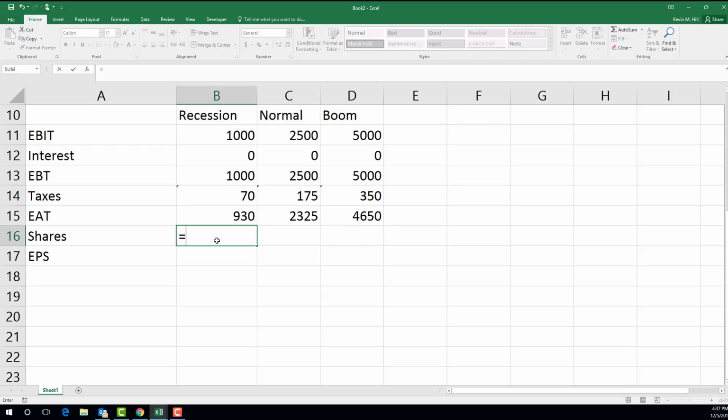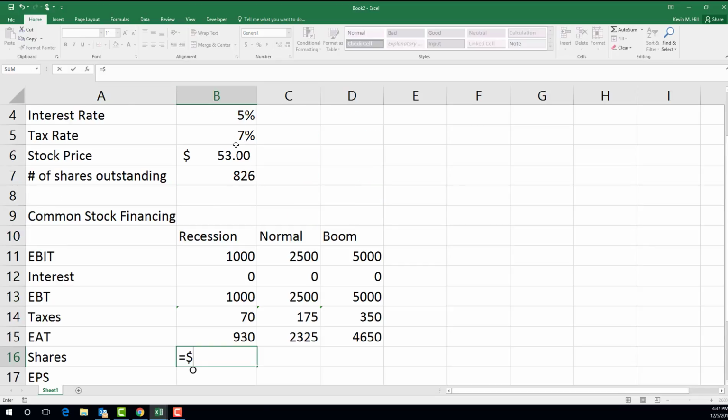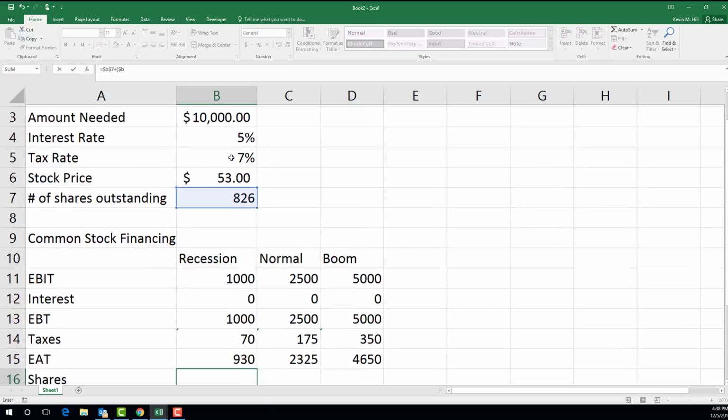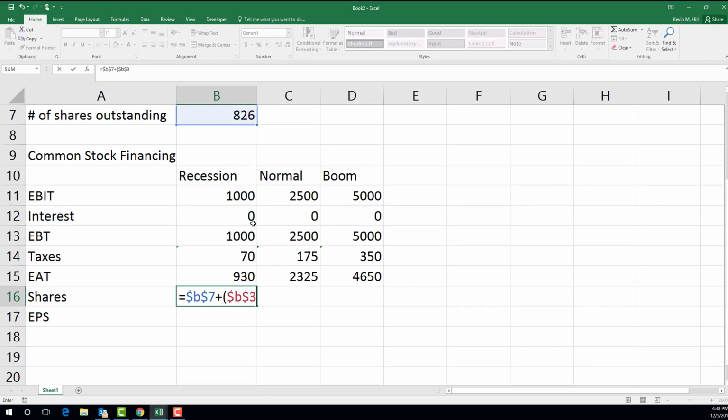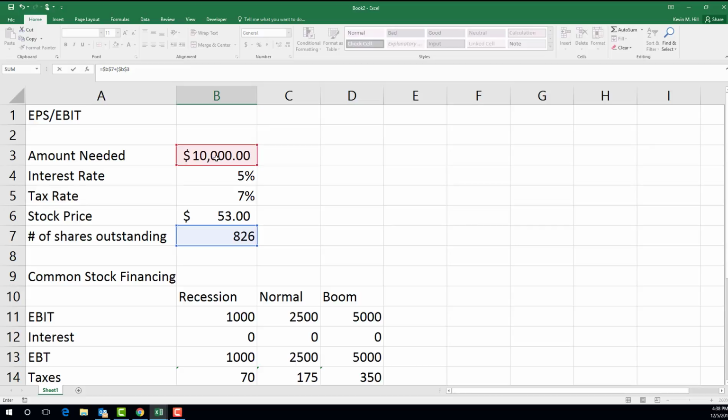So first thing we're going to do is go equals $B$7, which is my shares cell, 826. And I'm going to add to that the number of shares I need. So that's going to be $B$3, this number over here.